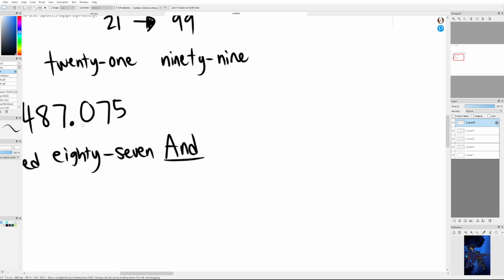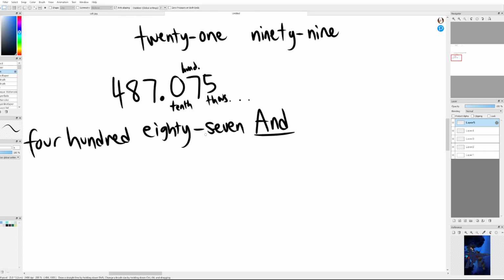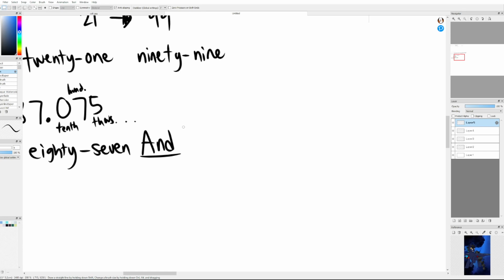So this is the tenths place. This is the hundredths. And this is the thousandths. And so on. 75 thousandths. Hyphen 5.